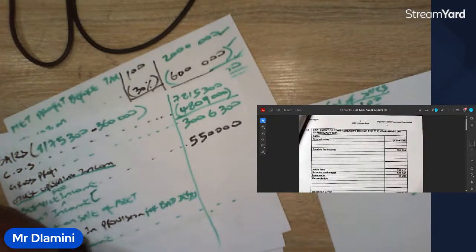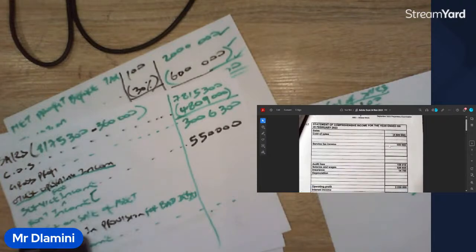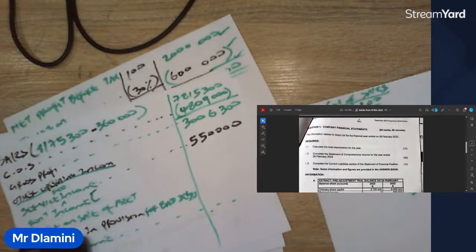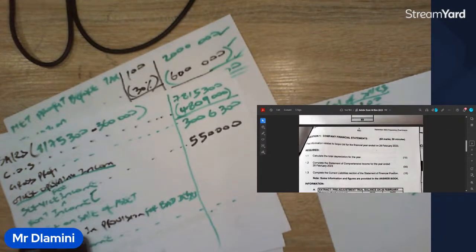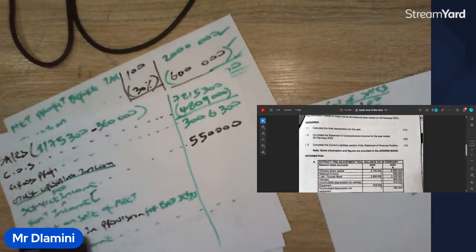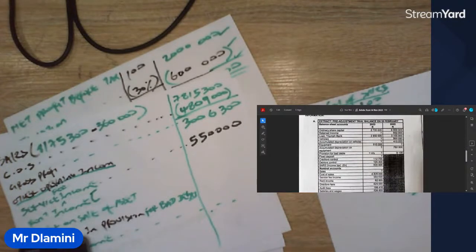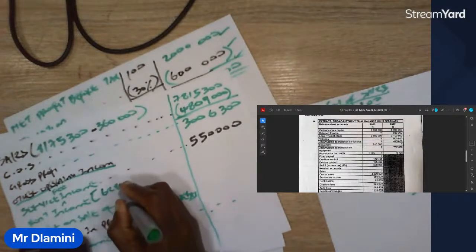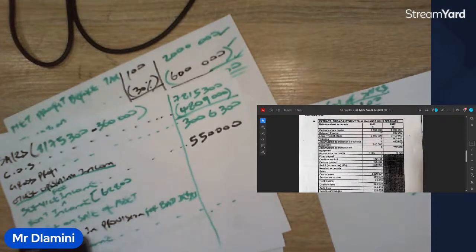Our rent is 62,800. Let's go and check on page 3 of the question. Yes, there you go. You can see the rent income on the nominals. It's 62,800. So that's the opening of the rent.